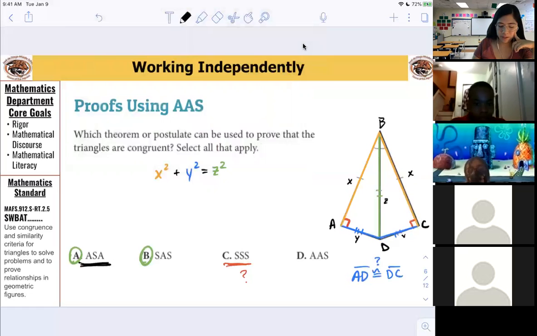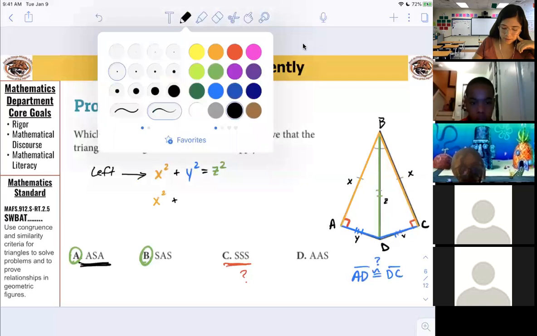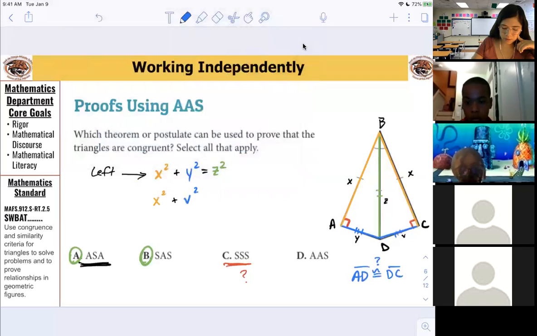The bottom one is a V. X squared plus V squared equals something squared. What's that letter? Z squared. I couldn't see the letters.